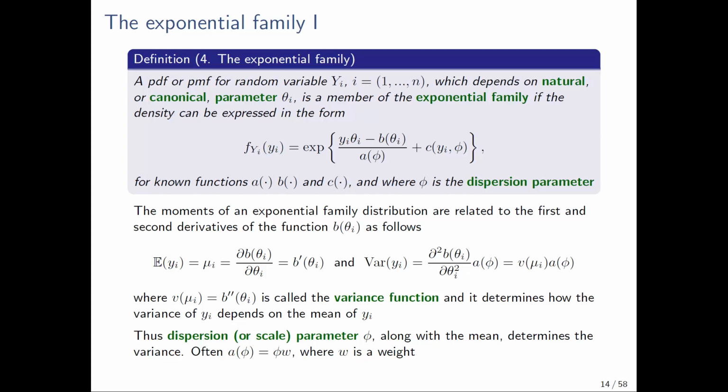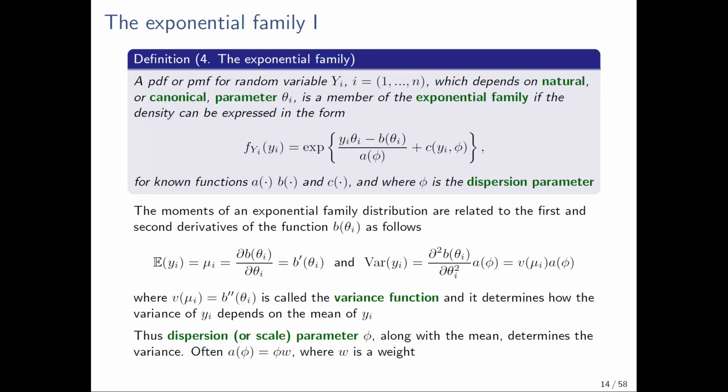So let me define it. Here's the definition. A PDF of a random variable yi depending on a natural or canonical parameter, theta i, is a member of the exponential family if the density can be written in the form shown in the slide.